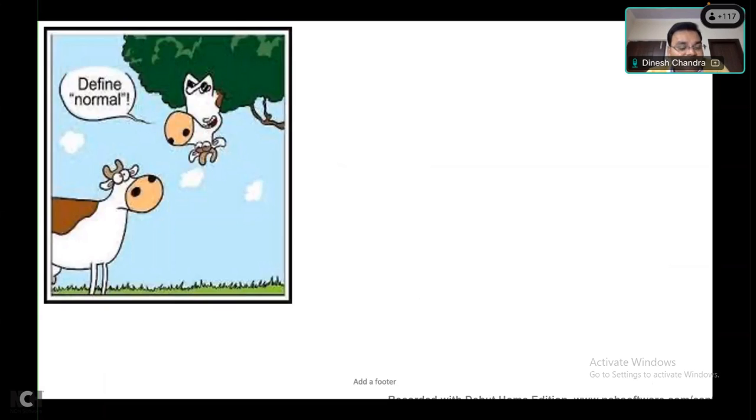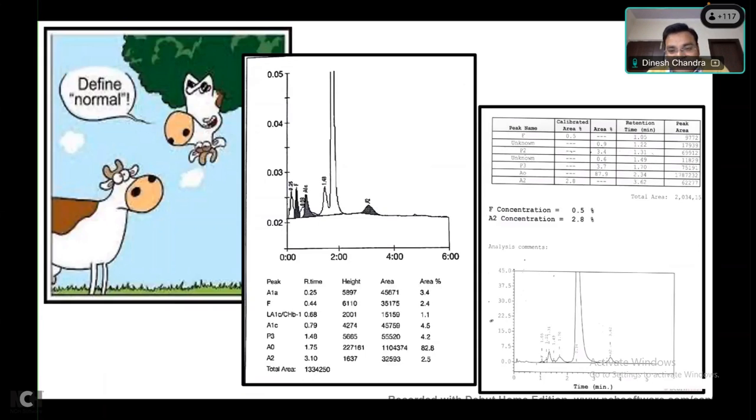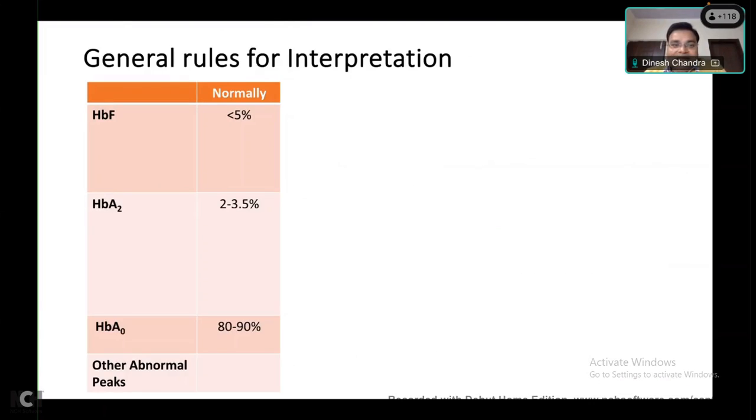This is a very favorite slide of Ruchi ma'am. She always says, what is normal? Define normal first. So is it normal or is this normal? Definitely this is abnormal, this is normal. So we should know the normal retention times or retention values of different hemoglobins and what percentages we expect in a normal person.